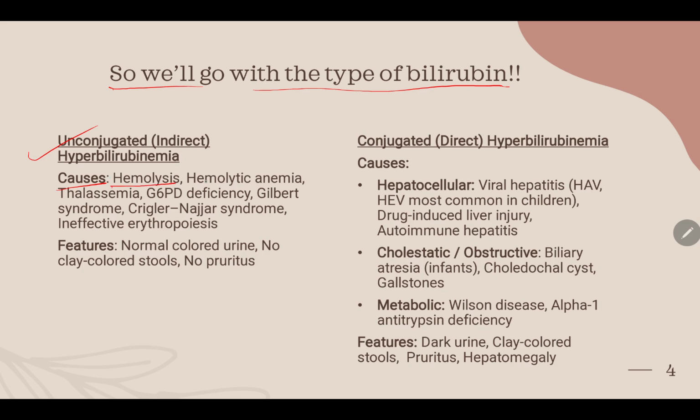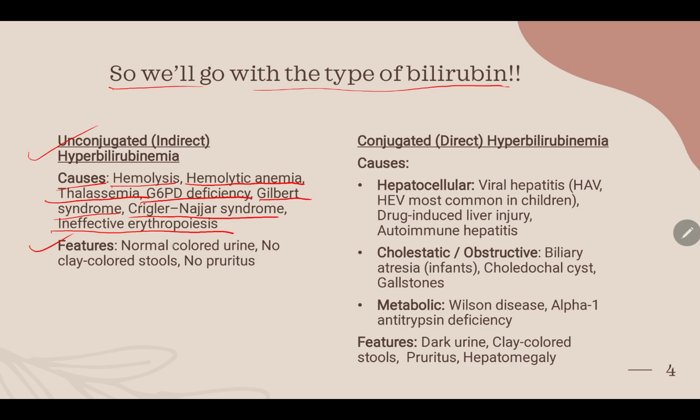So any hemolytic anemia, in which RBCs are broken down and thus cause decreased oxygenation of the blood, leading to anemia. Then some genetic deficiencies like thalassemia major, minor, and G6PD deficiency. Then we have Gilbert syndrome and Crigler-Najjar syndrome, and ineffective erythropoiesis, that is formation of RBCs.